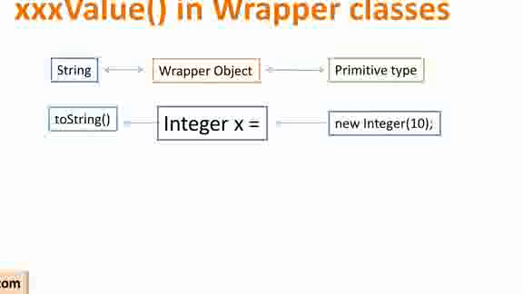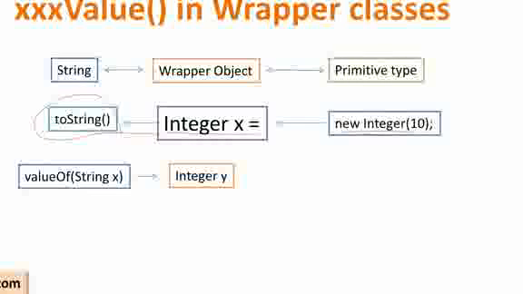When you start from the primitive data type, all you have to do is use a new operator and create a wrapper object, and from that you can use the toString method to get a string, and from the string you can use a valueOf method to get a wrapper object.